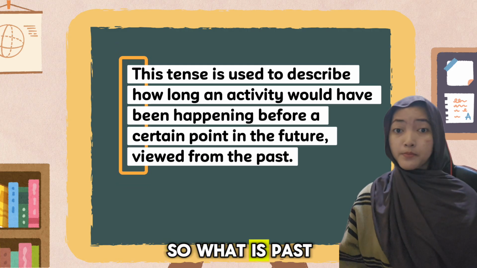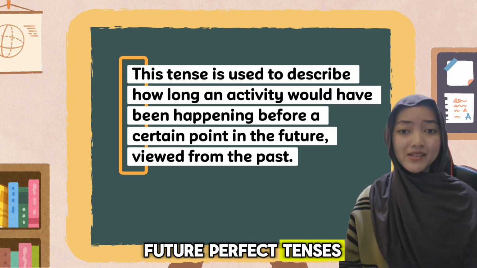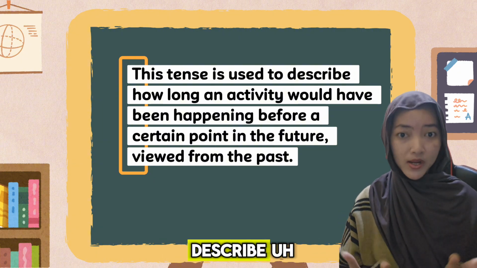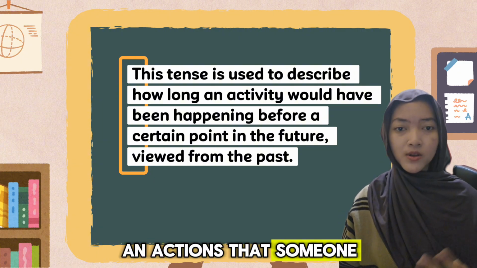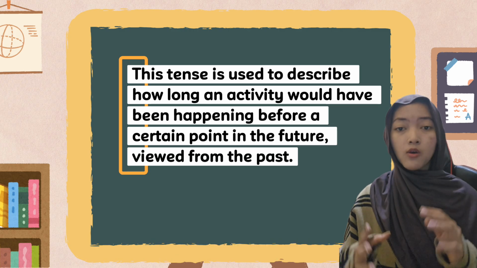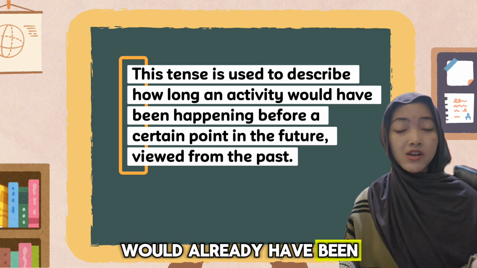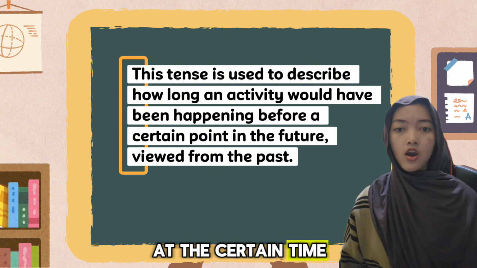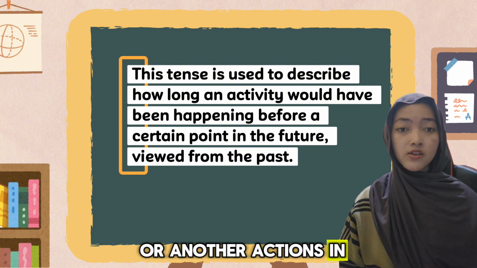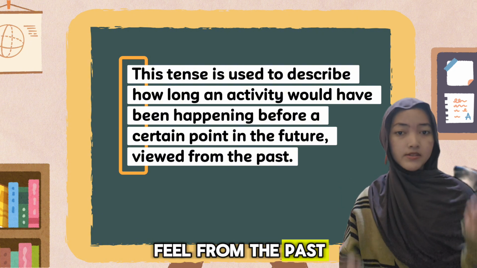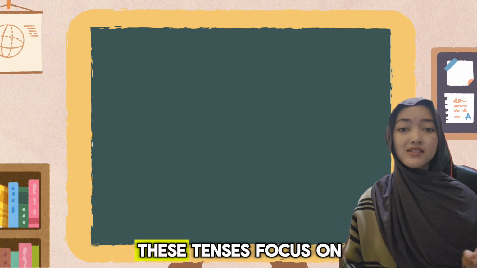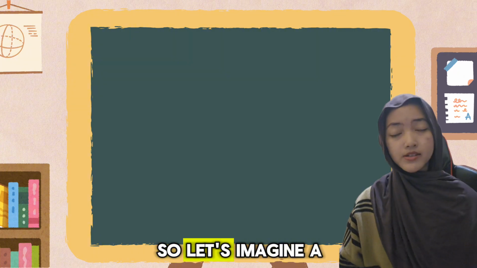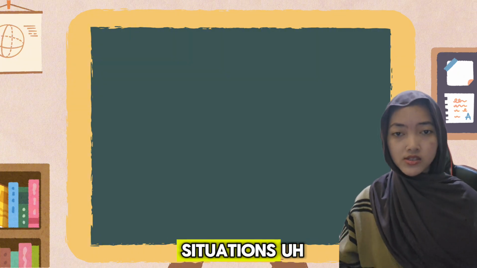So what is the past future perfect tense? It is used to describe an action that someone expected or believed would already have been completed before a certain time, or before another action in the future viewed from the past. In other words, this tense focuses on a completed action. So let's imagine a situation.